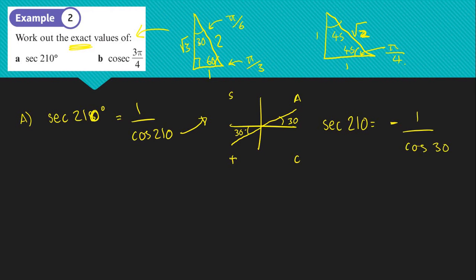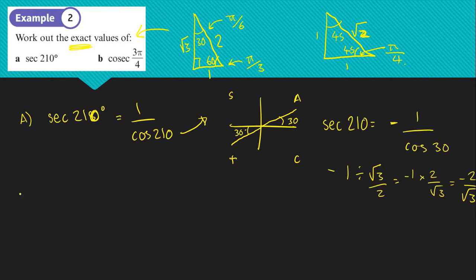So you've got root 3 over 2, so you've got negative of 1 divided by root 3 over 2. You can chuck that into your calculator if you want to, but you can also use keep switch flip, which is pretty nice for this, so you can go with negative 1 multiplied by 2 over root 3, which comes out as negative 2 over root 3.